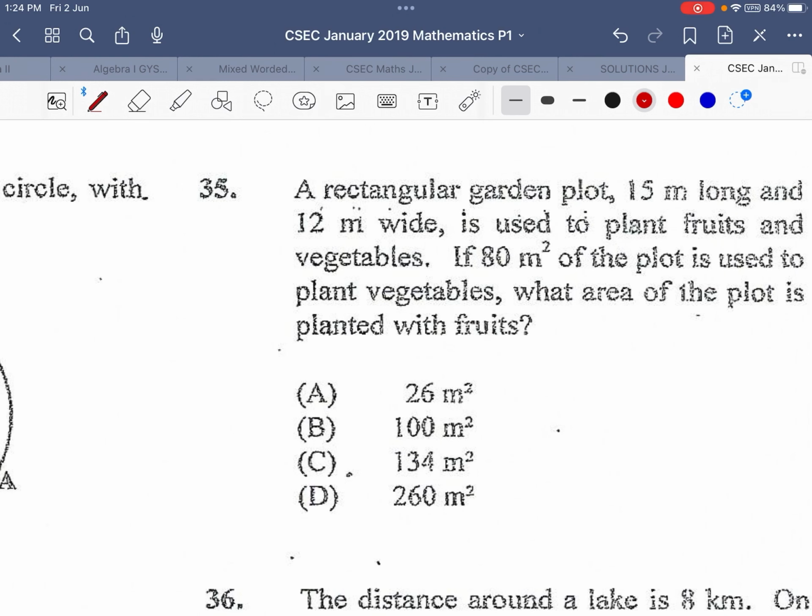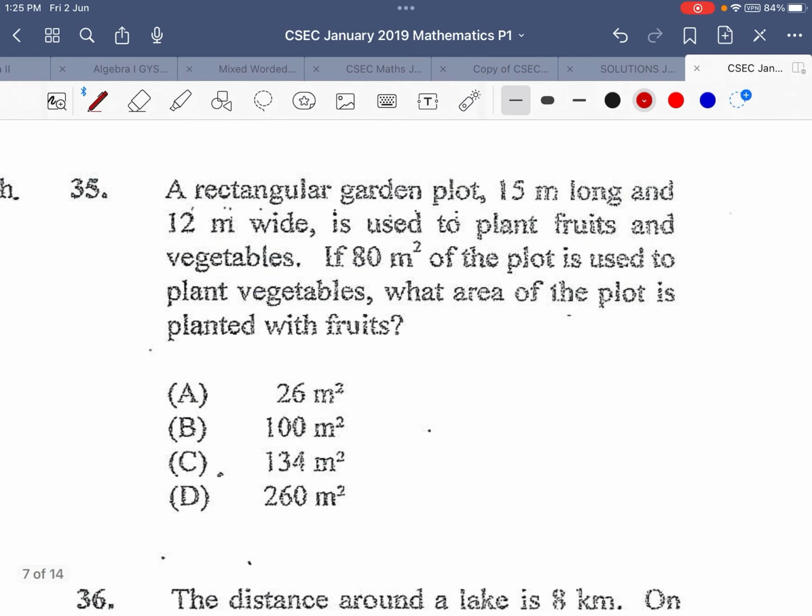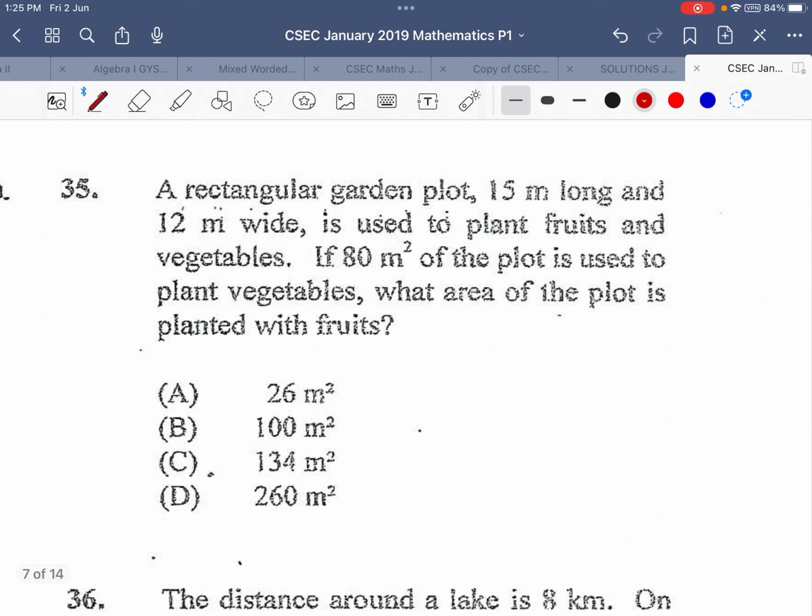35. A rectangular garden plot 15 meters long and 12 meters wide is used to plant fruits and vegetables. If 80 meters squared of the plot is used to plant vegetables, what area of the plot is planted with fruits? So what we'll do is find the area of the entire plot. And that would be 15 multiplied by 12, which is 180 meters squared.